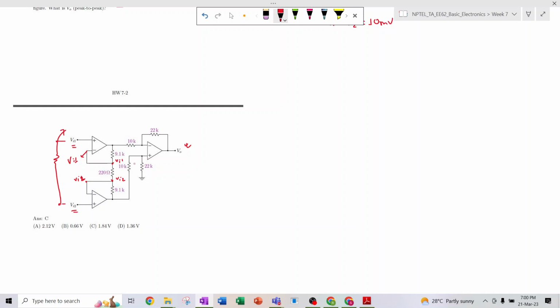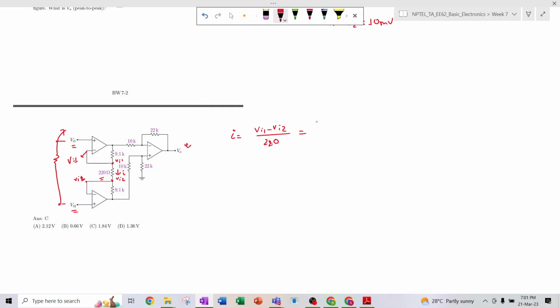Now the current flowing through this, if we consider it as small i, the current flowing through this 220 ohm resistor is Vi1 minus Vi2 divided by 220 ohm.